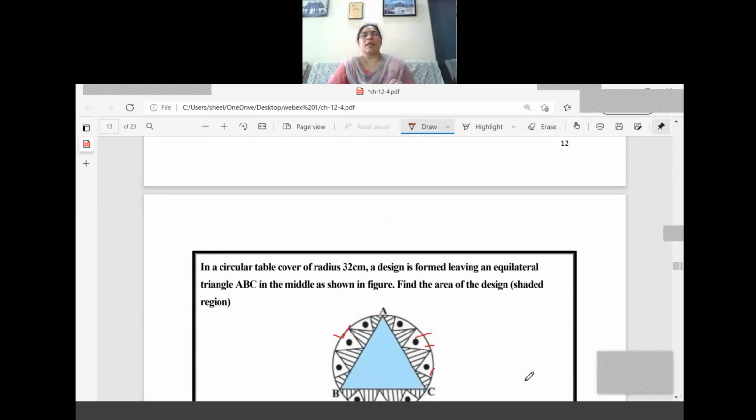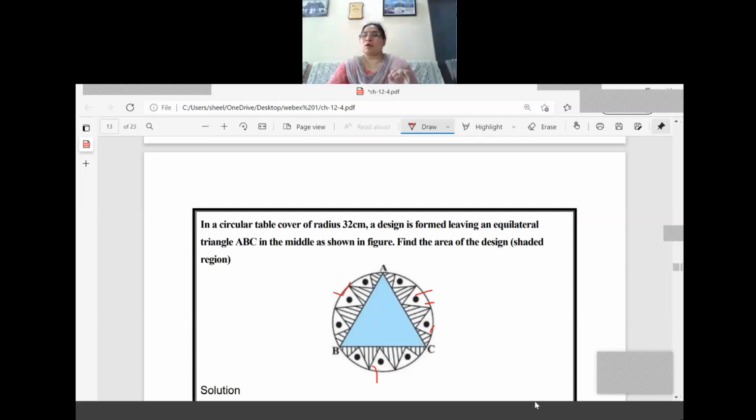Once again, I'll explain. In a circular table cover of radius 32 centimeters, the radius is given. A design is formed leaving an equilateral triangle ABC in the middle. Find the area of the design. The shaded region is asked, because it is a shaded design only, not the triangle. If you go for the shaded design, how many parts are there? Three parts. Here also radius is given, no central angle is given.